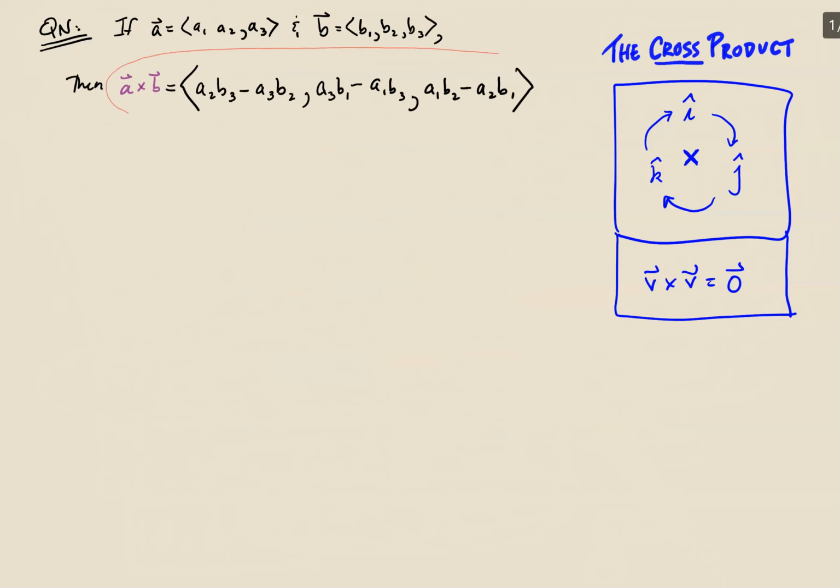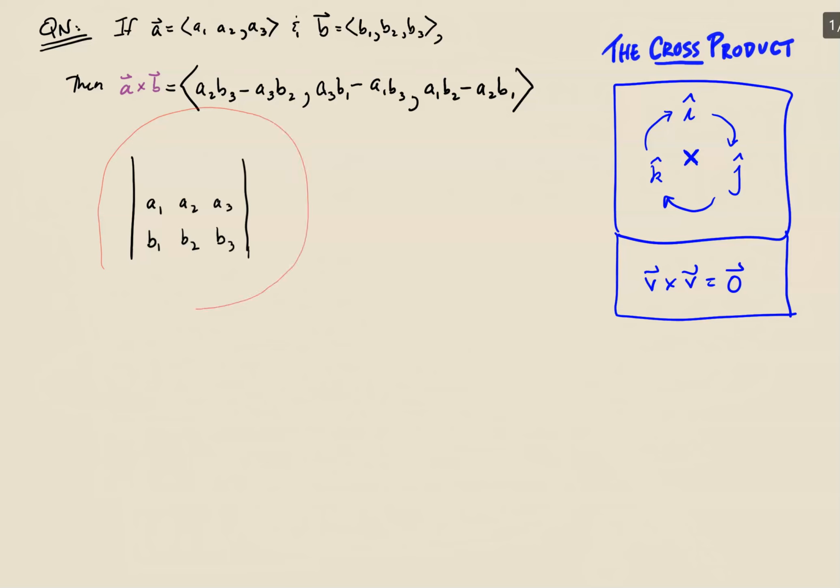That's looking better already. Now what I want to do is show you a kind of mnemonic device that you can use to recover this so that you don't actually have to memorize that awful thing. It's basically a notational device, and it works like this. If we're given our two vectors in R3, A and B, we're going to write them in an array like this.